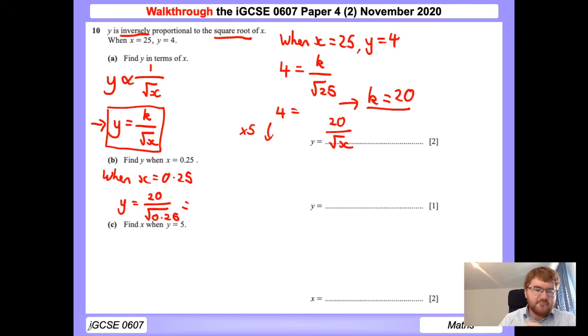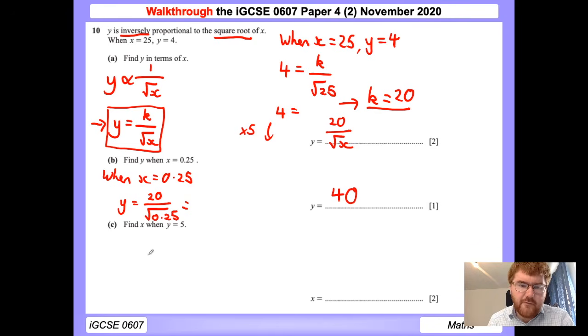Let me try and write that a bit more clearly as a 5. Just put this into your calculator, okay? You can use your GDC or otherwise. 20 divided by the square root of 0.25, and that's equal to 40. Paper 4, use your calculator for straightforward calculations.